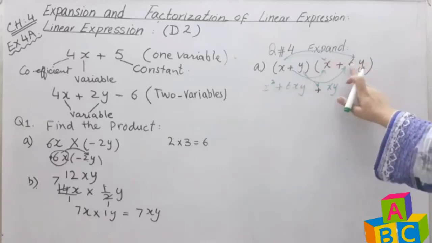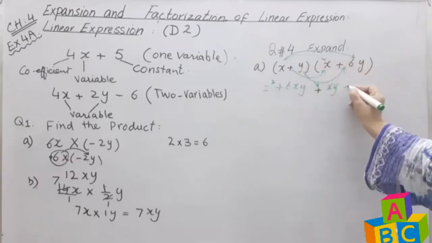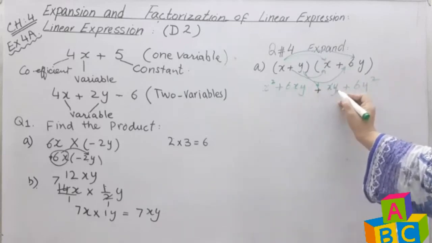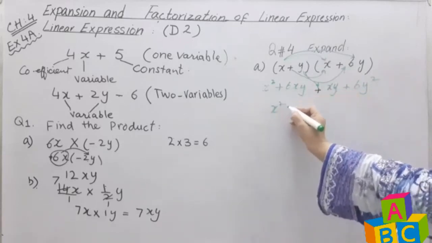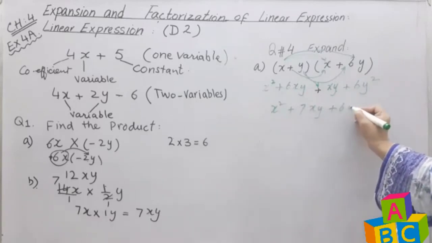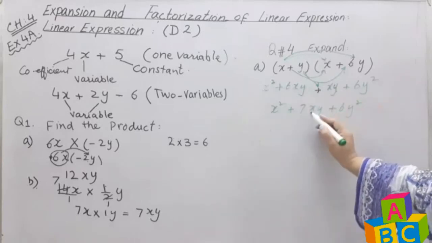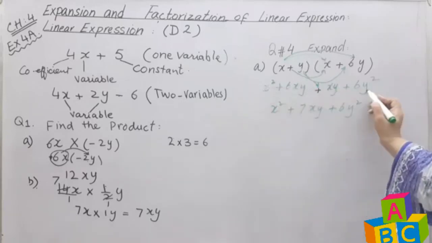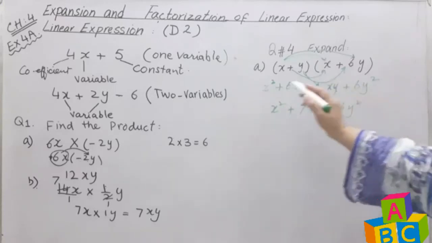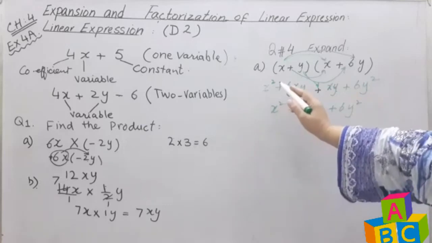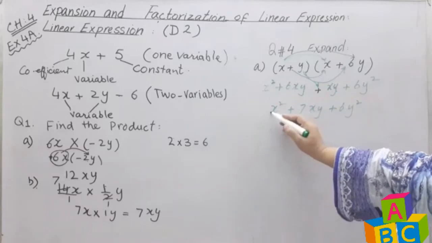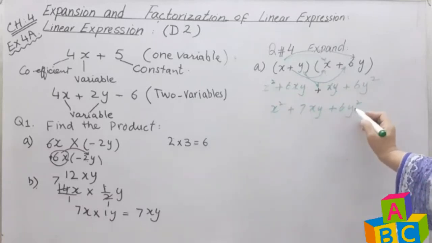And now 6y square, plus 6y square, 6xy plus 1xy. So this is x square plus 7xy plus 6y square. Like terms are added, but this is not like this, because here the variable is x and here the variable is y. Both variables are different, but having the power of 2, we write them as they are: x square plus 7xy plus 6y square. Thank you.